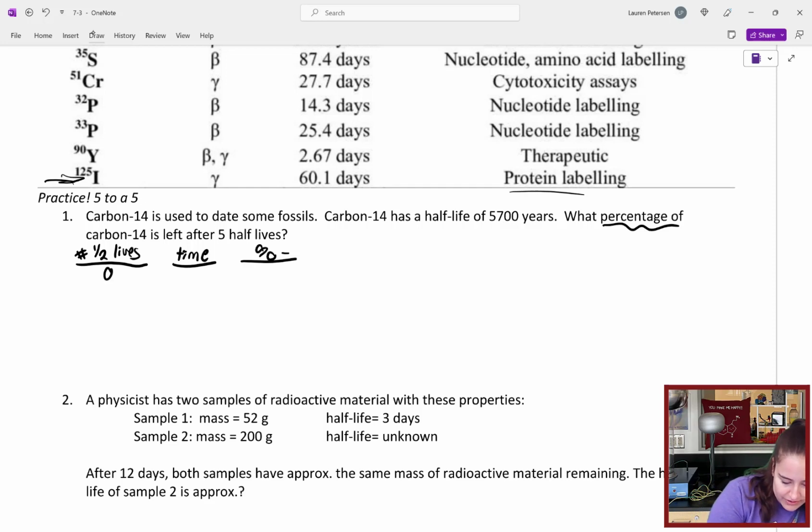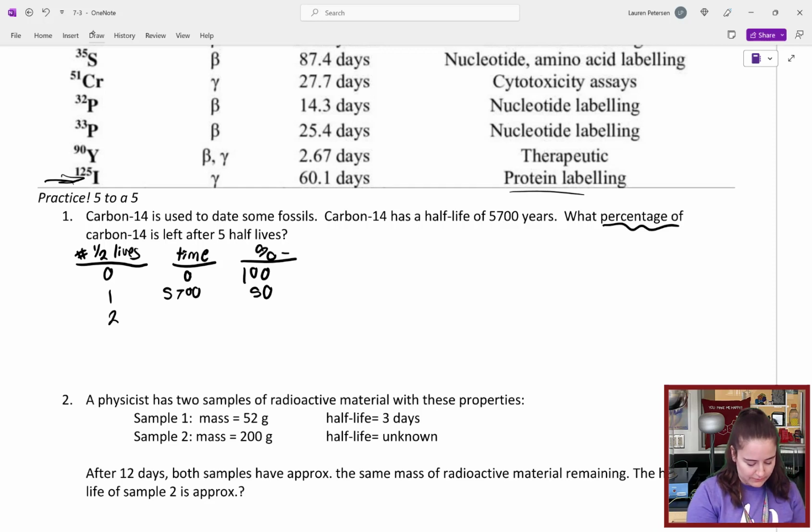After 0 half-lives, you have 100%. After 1 half-life, which is 57,000 years, you will be down to 50%. After 2 half-lives, which is 57,000 times 2, 114,000, you are down to 25%.